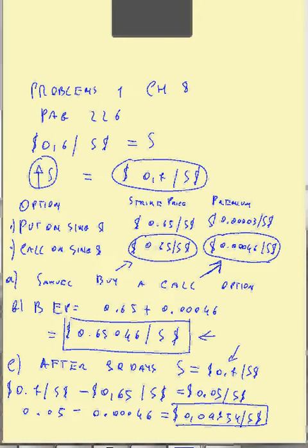Now consider the final point D. Using your answer to part A, what is Samuel's gross profit and net profit, so including the premium, if the spot rate at the end of the 90 days is indeed 0.8?